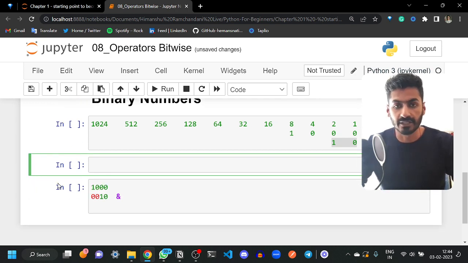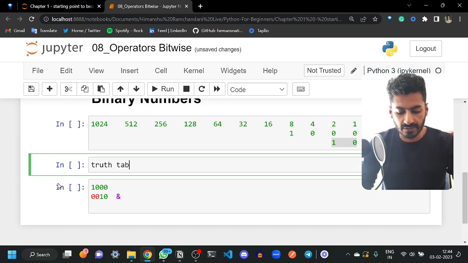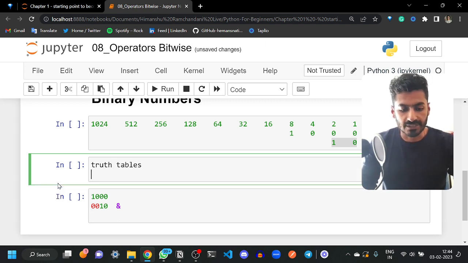So what will be the AND of these two numbers? For that you have to check the truth table. Have you seen a truth table before? Truth tables are used in electronics, in logic gates. This is the same table. So I'm creating a table for AND.